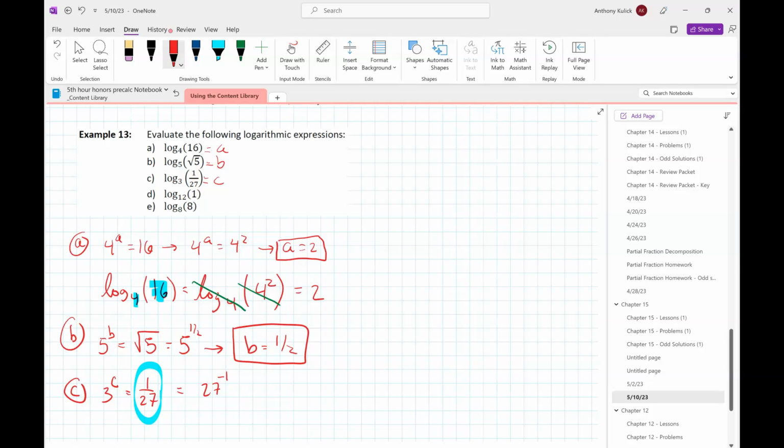The negative 1 exponent just makes a reciprocal. And I recognize that 27 is 3 to the 3rd. And when I have an exponent of an exponent, how do I simplify that? They multiply, right? So then I can see, well, okay, c had to be negative 3.